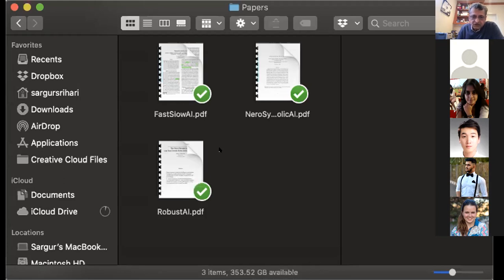So I'm going to kick off things for the first few weeks. This first 1.1 is about fast and slow AI, and then this I have divided into two parts. 1.1 is fast and slow AI, and 1.2 is the research topics that they outline, saying that's worthwhile pursuing.